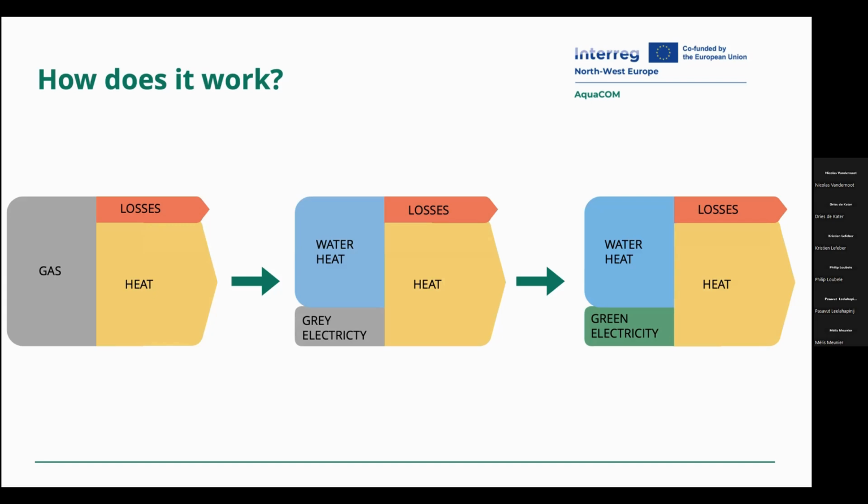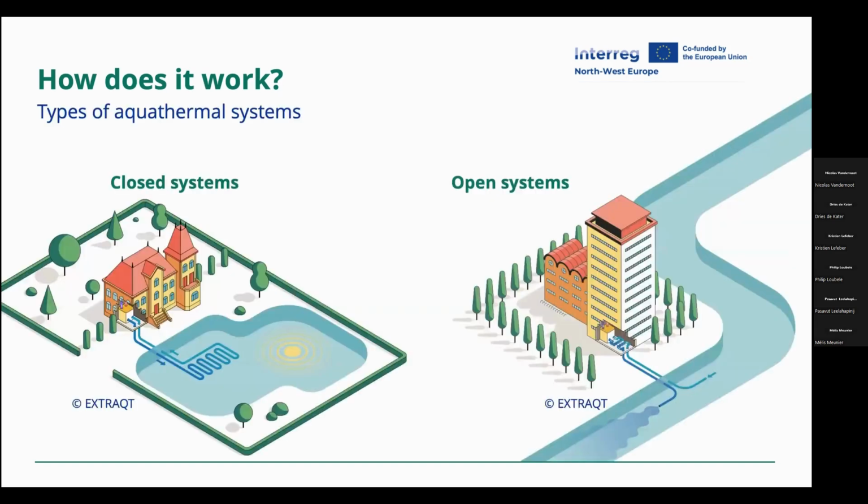Okay, that's the only main technical part I will cover during this presentation. Let's focus now on what types of installations we have. As I said, depending on the water type, we will have different types of installations.